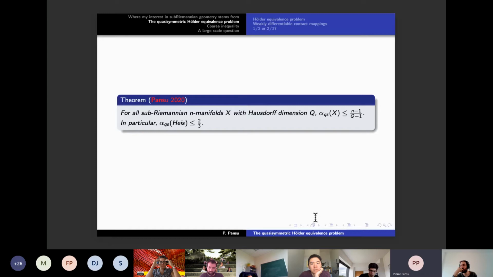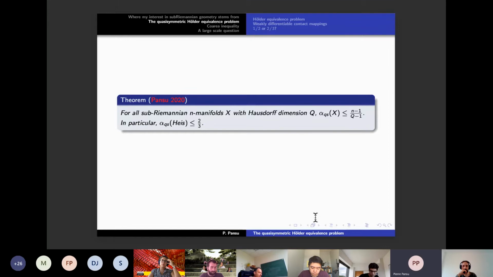And the bound depends on the dimension, the usual dimension n, and the Hausdorff dimension. So I already explained to you that sub-Riemannian metrics have a Hausdorff dimension, which is an integer, which is strictly larger than the ordinary manifold dimension.